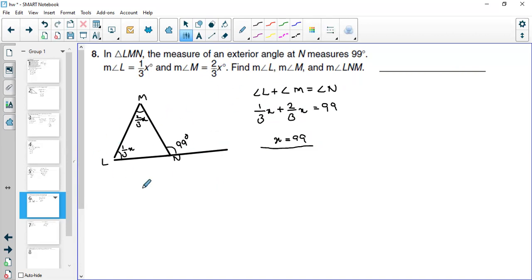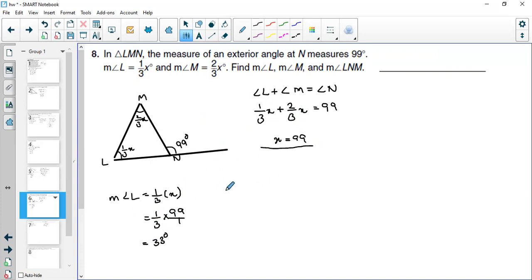So let's start with angle L. The measure of angle L is going to be 1/3 of x, which means 1/3 multiplied by 99. So that leaves that with 33 degrees. How? You know how. 99 divided by 3 will give you 33, right?